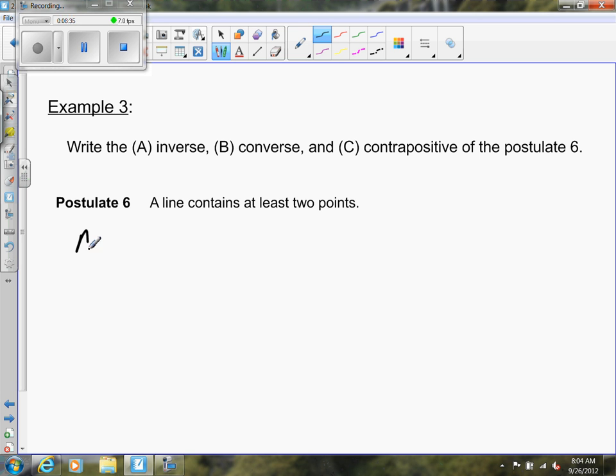So A, inverse. So remember, inverse is where you negate it.